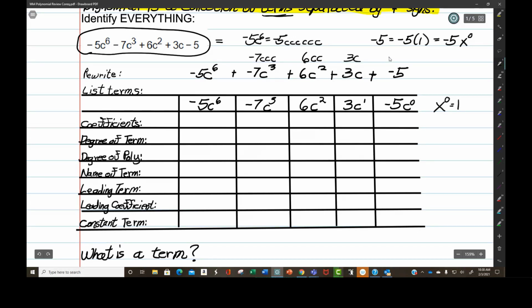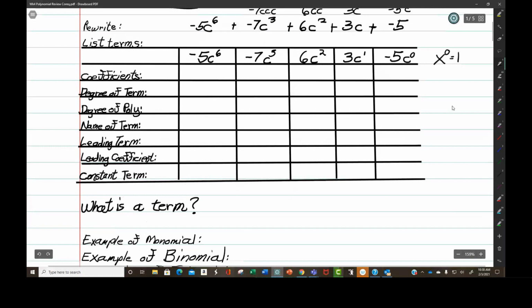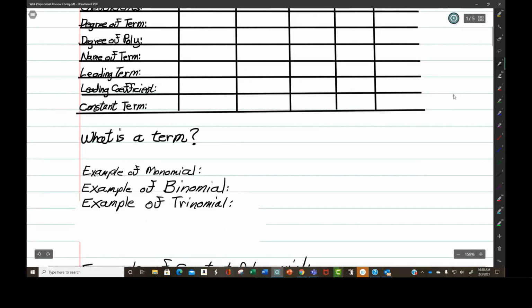And of course, negative 5 times c to the 0, which is really 1. And a reason we never write it. Okay, so terms consist of, let's jump down to what is a term. Terms consist of numbers and variables.